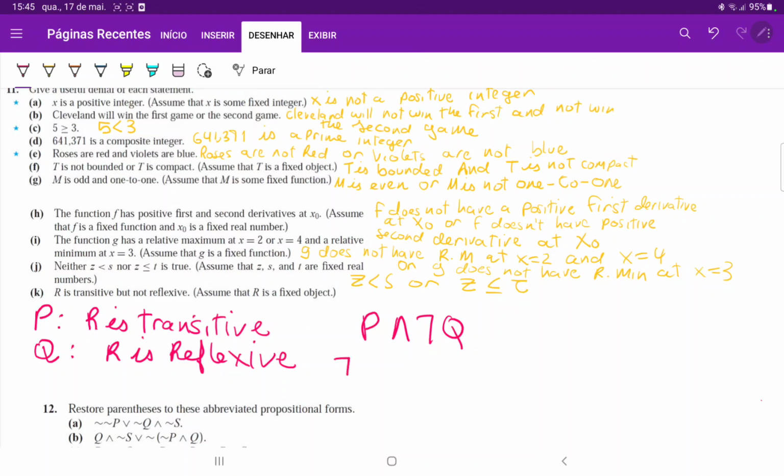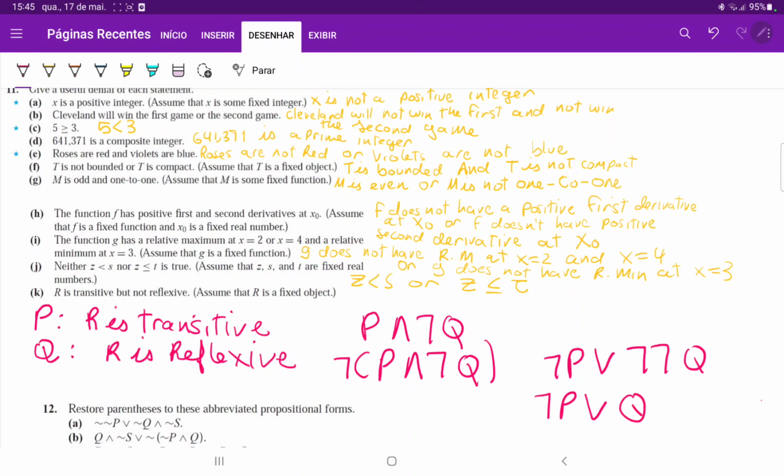When we deny it, we're saying not of P and not Q. By De Morgan's laws, this is not P or not not Q. The two nots cancel, so not P or Q. So R is not transitive, or R is reflexive.